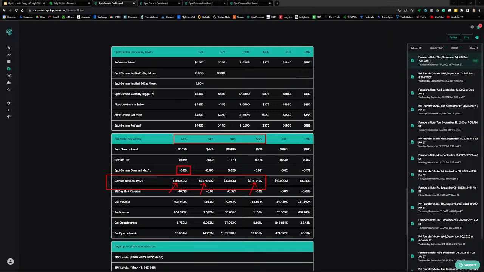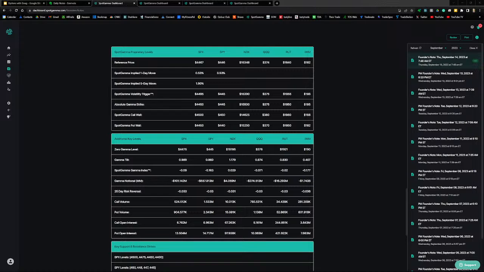So again, somewhat really neutral. Gamma notional slightly negative, and if the rally continues today, I expect these numbers to potentially, for SPX, definitely shift to positive, and SPY and QQQ close to neutral.